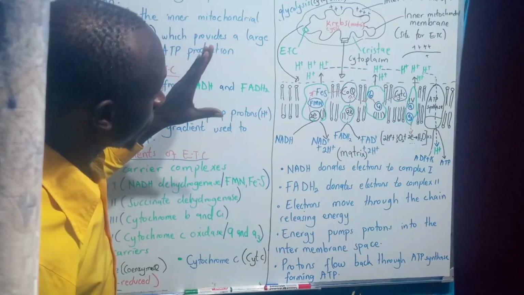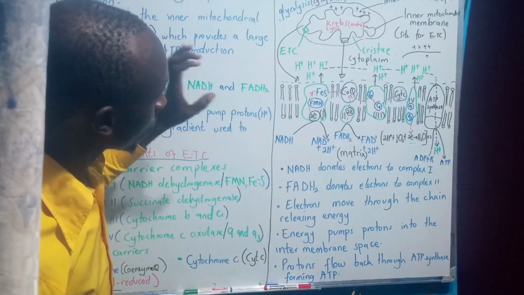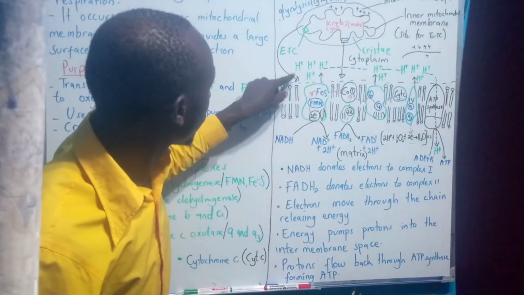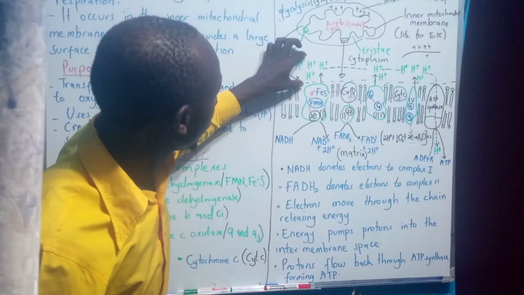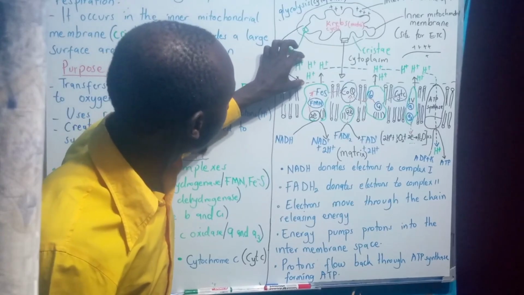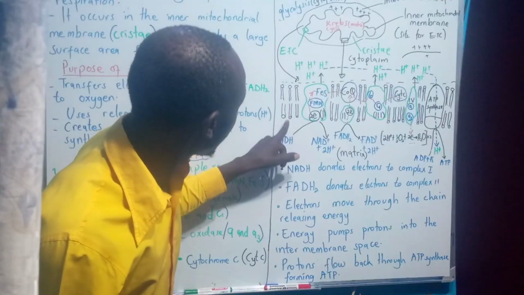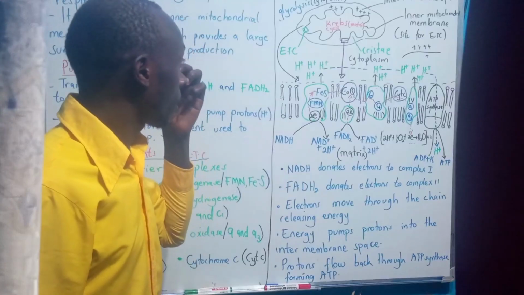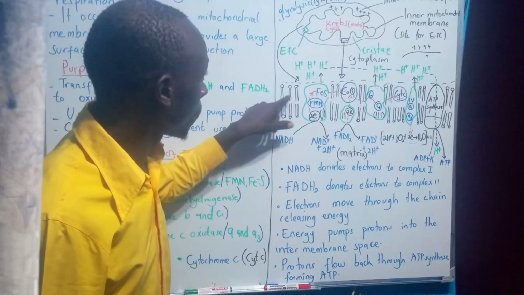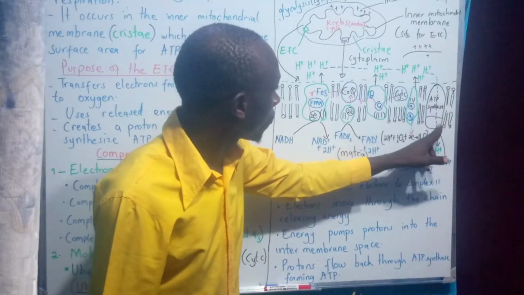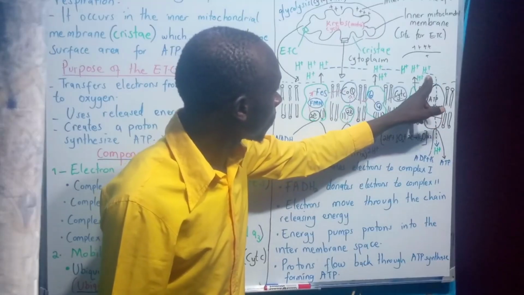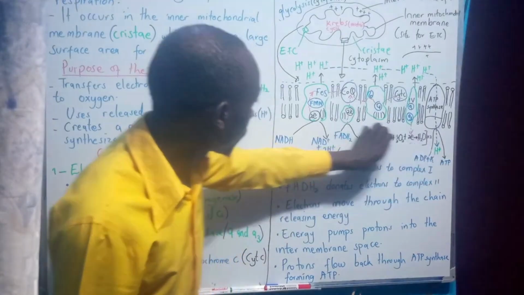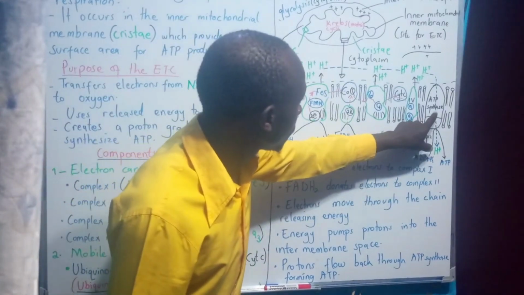The hydrogen ions come from the intermembrane space. But these hydrogen ions could not cross the phospholipid bilayer because of the hydrophobic tails. So the only pathway that allows these hydrogens to cross into the mitochondrial matrix is the ATP synthase.